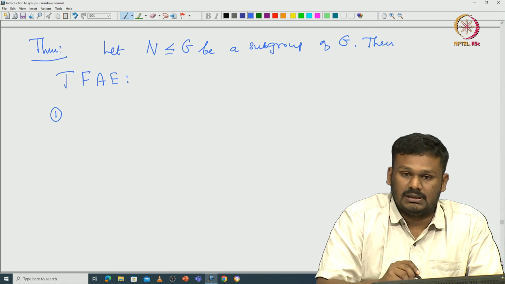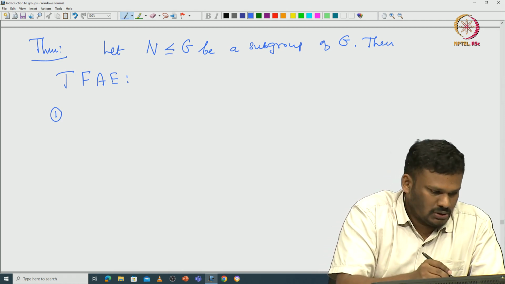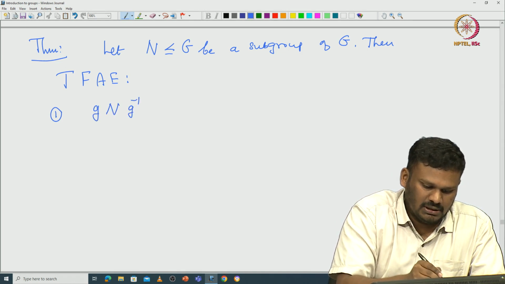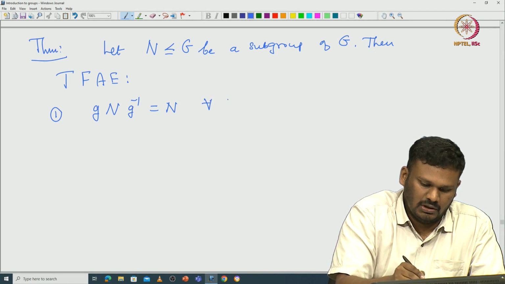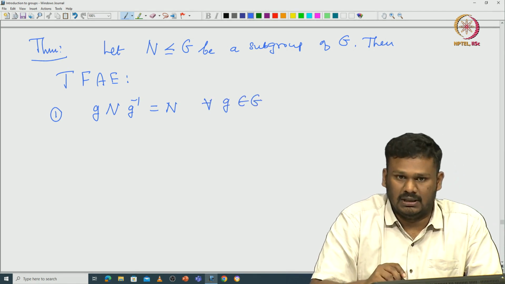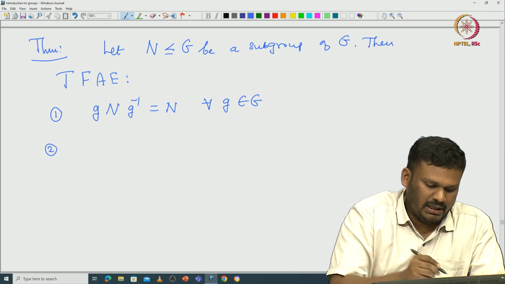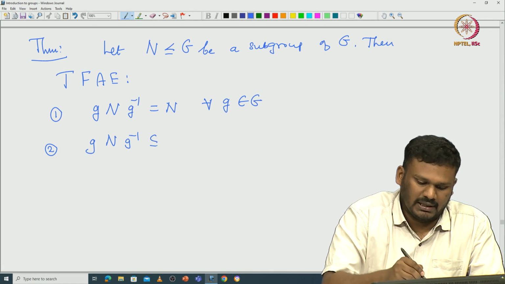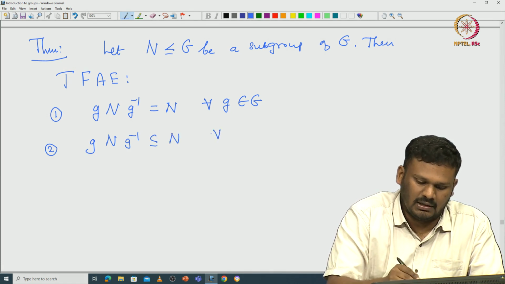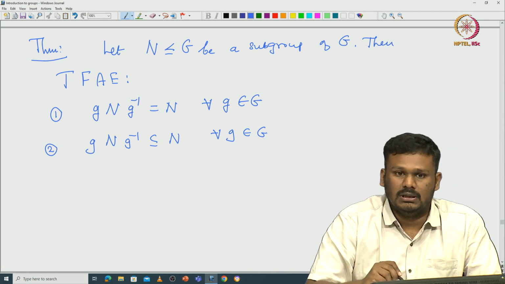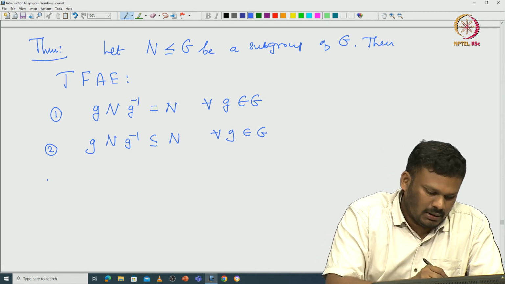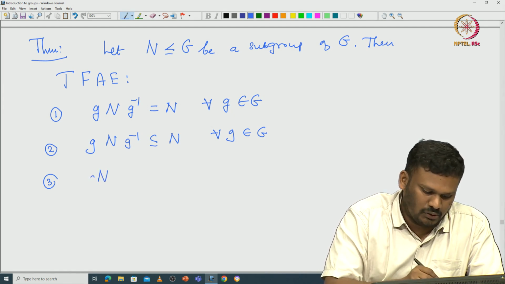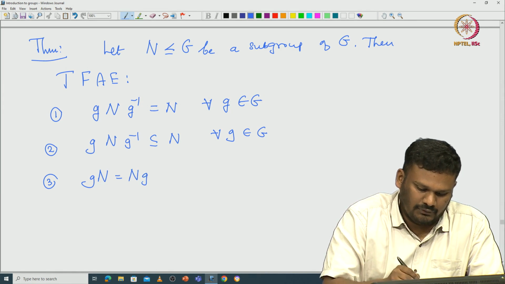First is the definition of a normal subgroup: if you take gNg inverse, that should be equal to N for all g in G. This is what we took as the definition. But this can be relaxed as follows: one can demand gNg inverse to be just a subset of N for all g in G. These two statements are equivalent. The third statement: if you take the left coset and the right coset, they should be equal for all g in G.